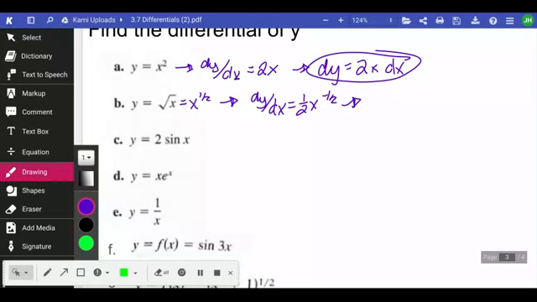So I can say dy is equal to 1 over 2 root x, or you can do 2x to the 1/2 if you want, times dx. Or you can put the dx in the numerator. That is up to you. I prefer mine just outside of it, otherwise I feel like it looks strange.